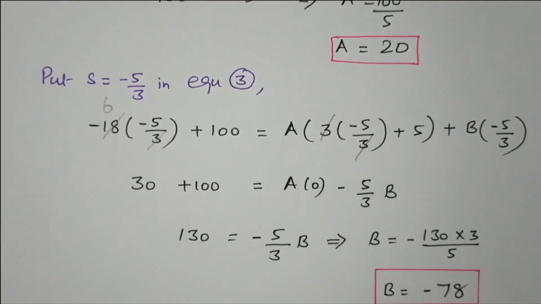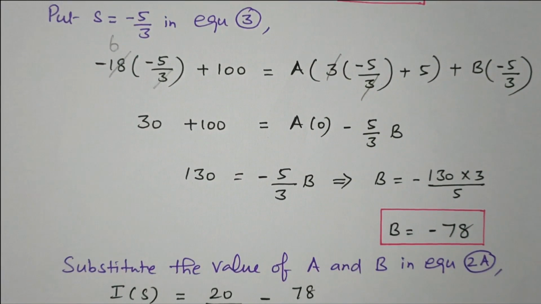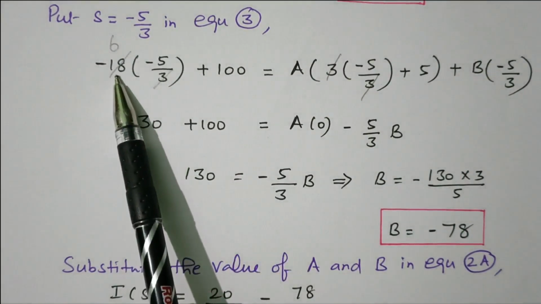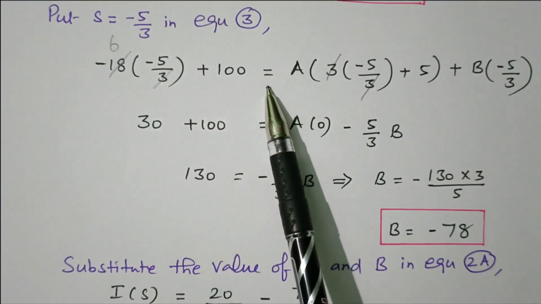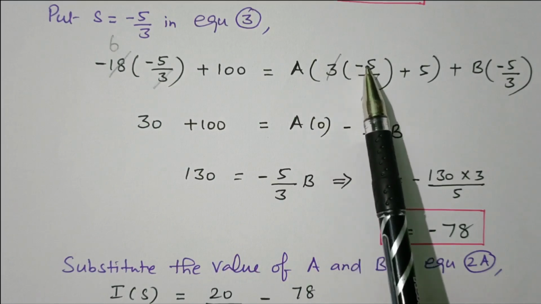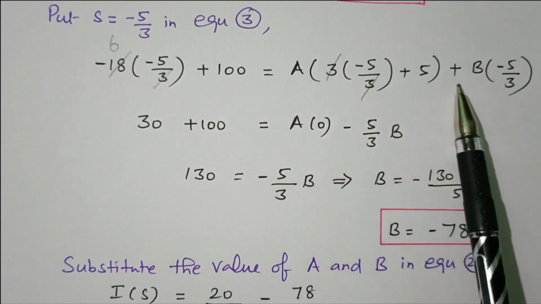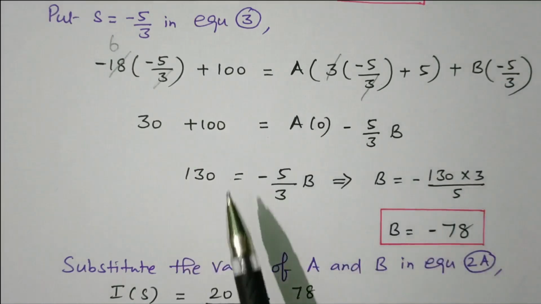So by putting s equal to minus 5 by 3 in equation 3, what happened? Minus 18 into s, s is minus 5 by 3, plus 100 equal to A of 3s, 3 into s, s is minus 5 by 3, plus 5, plus B s, s is minus 5 by 3. Now the s value is substituted.